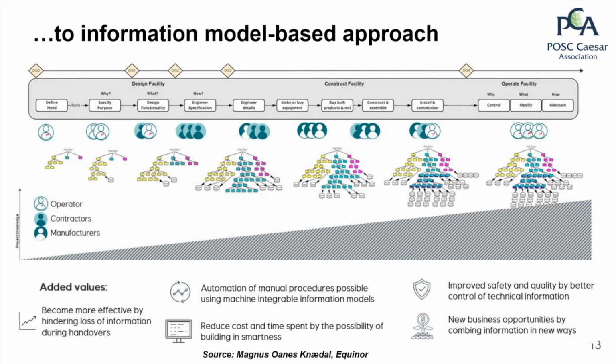And what we're moving from is this documents, PDF, P&ID handover type thing to what we call an information model-based approach. So this idea that with a common understanding of the structure and how you represent data, you can, at every stage of the life cycle, hand over an information model rather than hand over a PDF document.